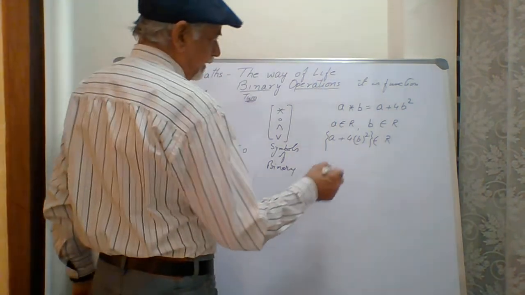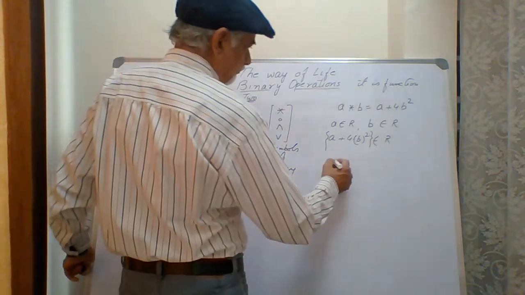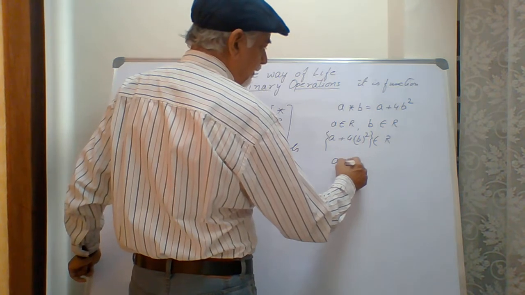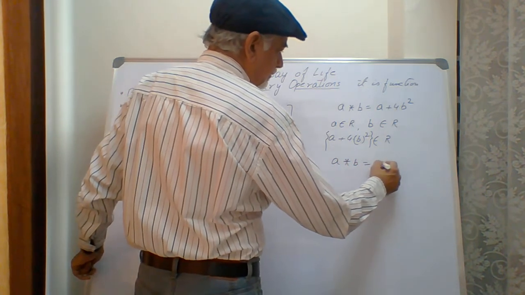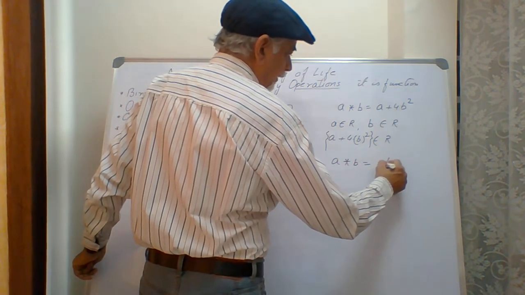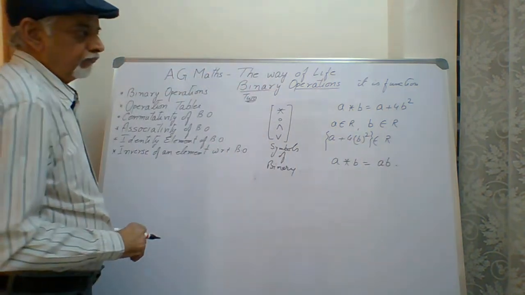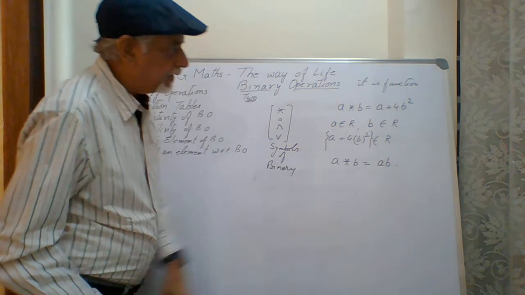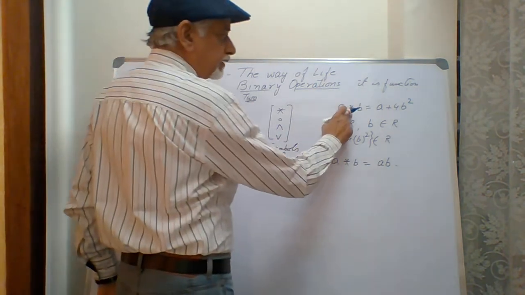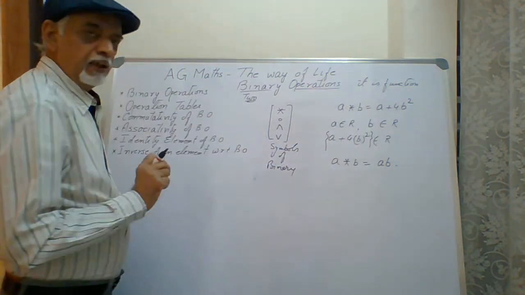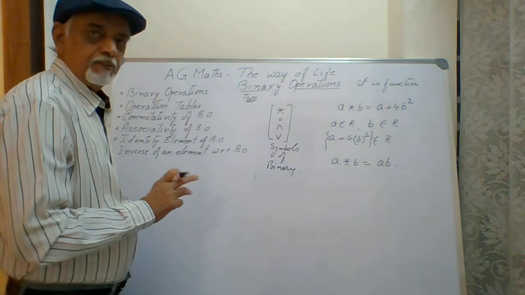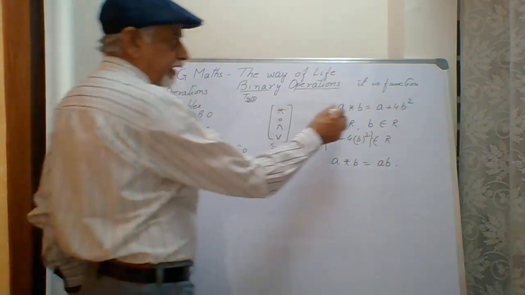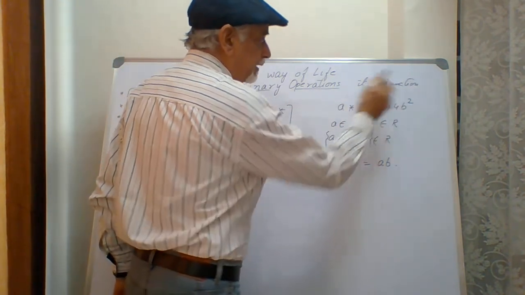Similarly, if I say A binary B is AB, that means this binary symbol is for multiplication. Here, the binary symbol was not single addition or single subtraction or multiplication or division. It may have A plus 4 times B square.